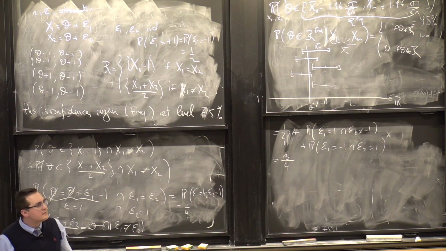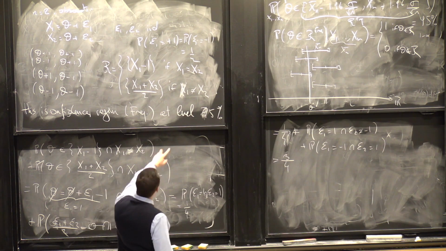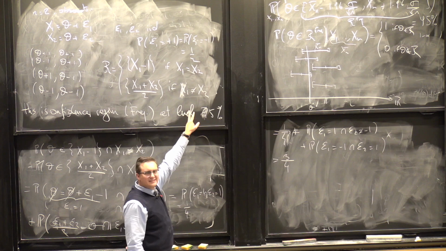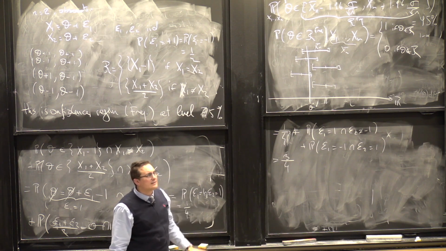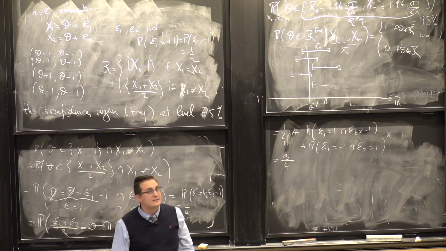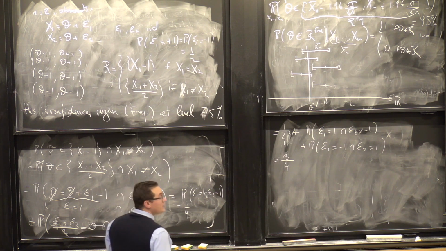And that's very nice. But the thing is, it's not super nice to be able to say this, because in a way I know that if I observe x1 and x2 that are different, I know for sure that I actually got the right theta, right? That this confidence interval is actually happening with probability 1.